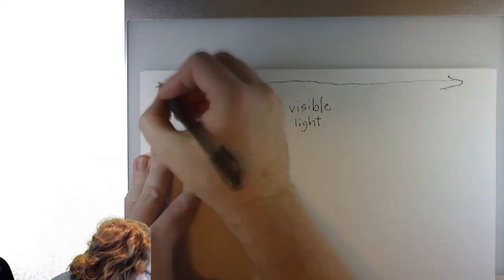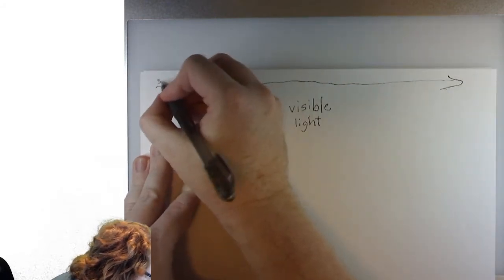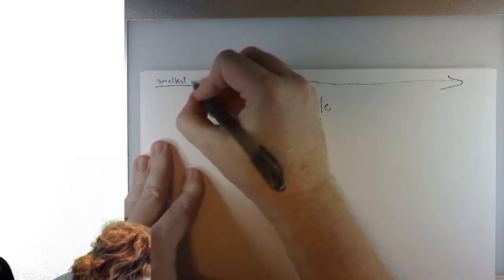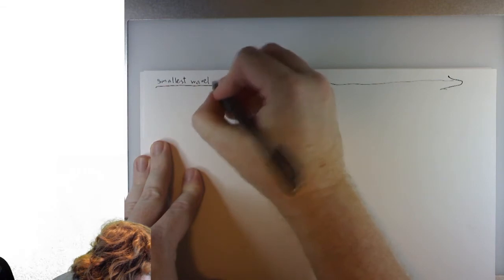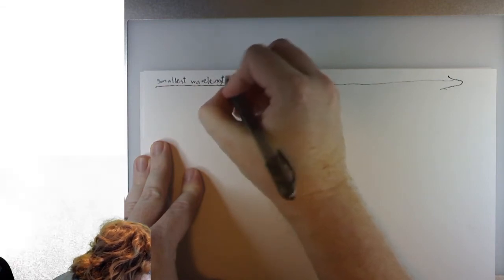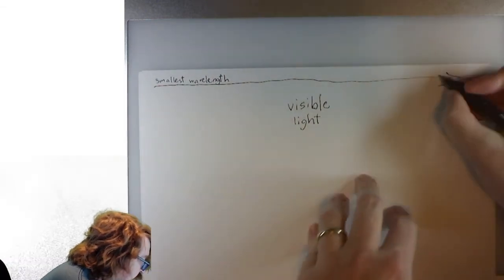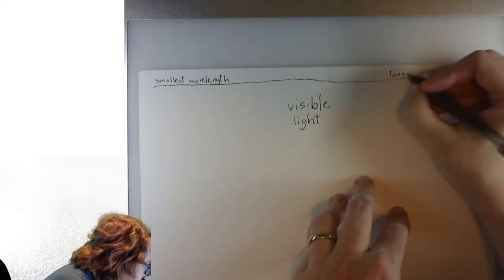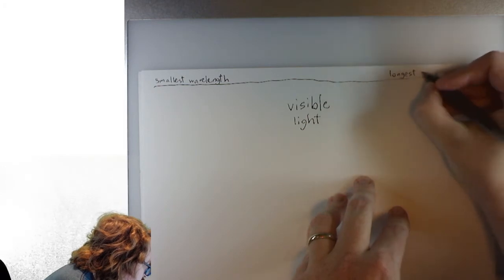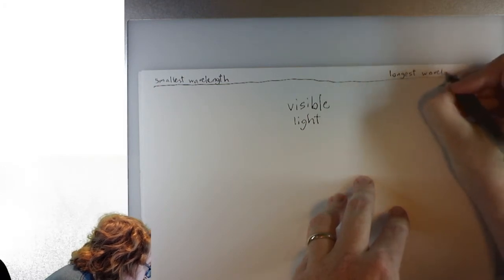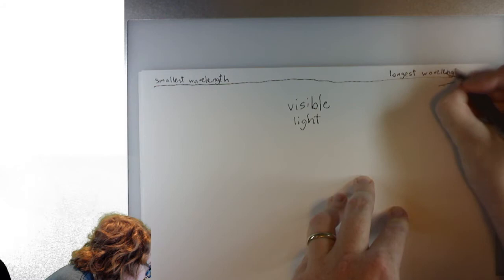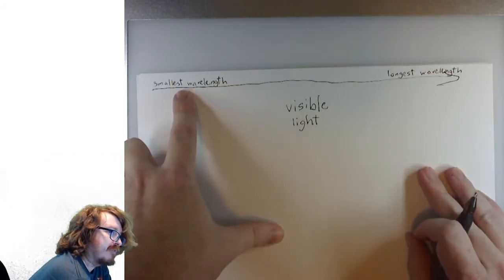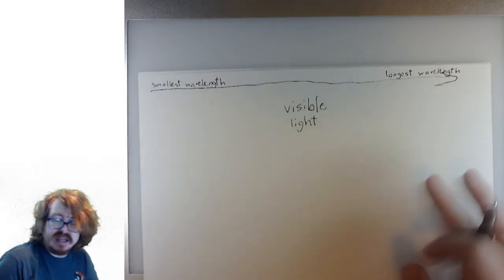So this would be the smallest wavelength, and over here we're going to have the longest wavelength. Okay, so the shortest wavelength over here, the longest wavelength on this side.